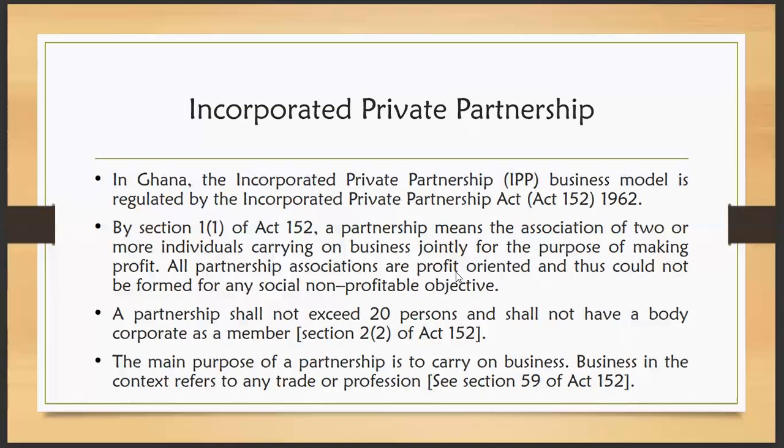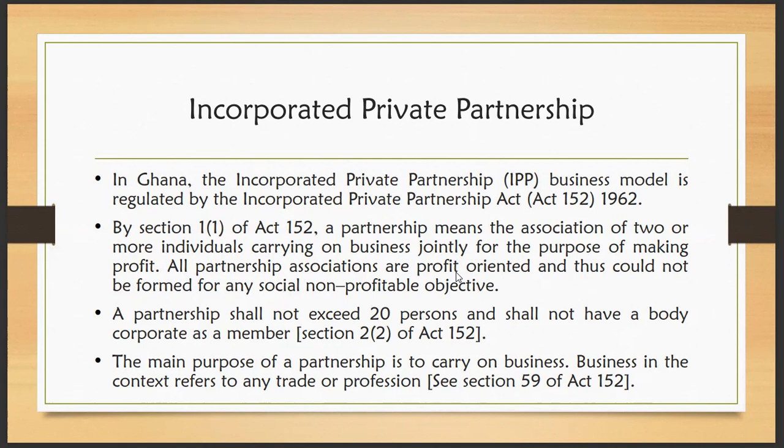So within the meaning of the Incorporated Private Partnership Act, partnership is not for doing any charitable causes. No, it's for doing business to make profits. So let's keep that in mind. All partnership associations are profit-oriented, and for that matter, could not be formed for any social non-profitable objective.